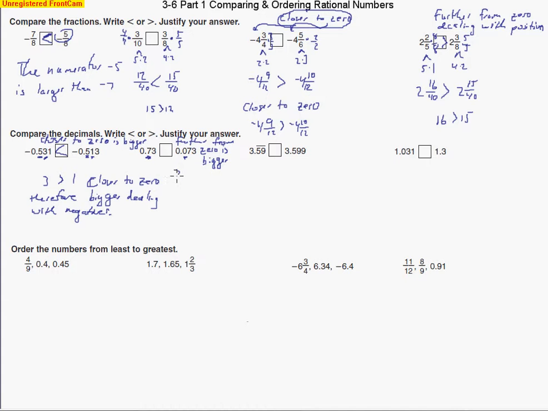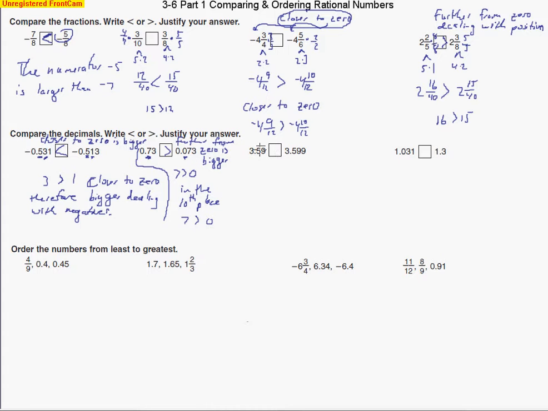So since 7 is larger than 0, we're going to go with this one. The reason this is bigger is because in the 10th place, 7 is bigger than 0. And that's the reason why we go with the 73 hundredths, bigger than 73 thousandths.